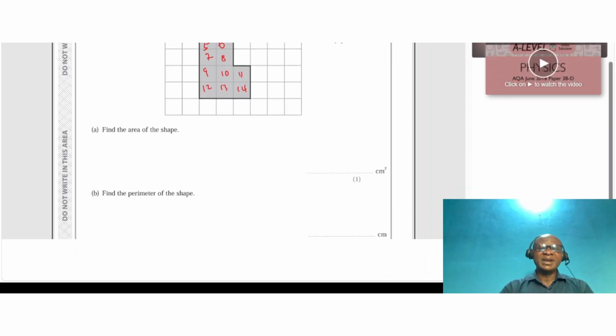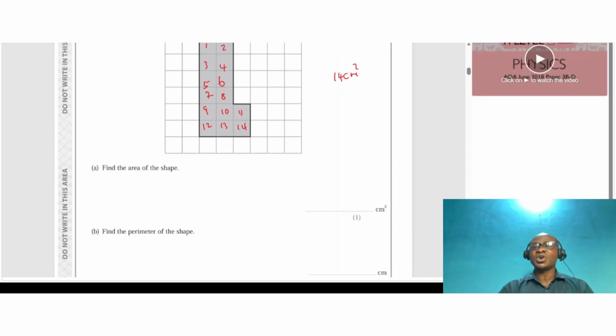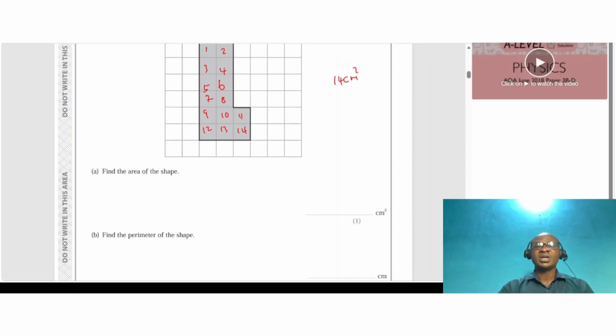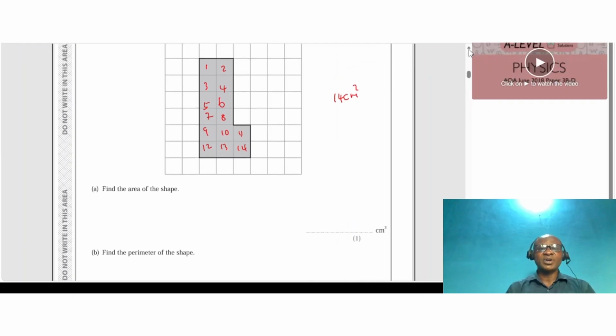Now, find the perimeter. To find the perimeter, what we are going to do is to count the sides of the shaded part. That means I am going to count: here has 2 squares, here has 3 squares, here has 1 square, here has 4, here has 2, here has 6.